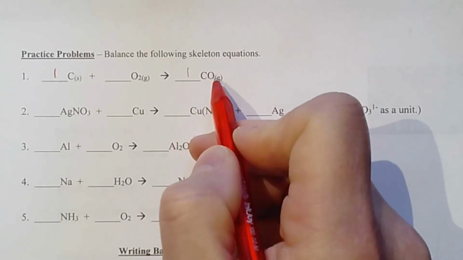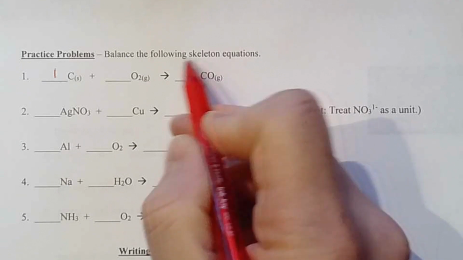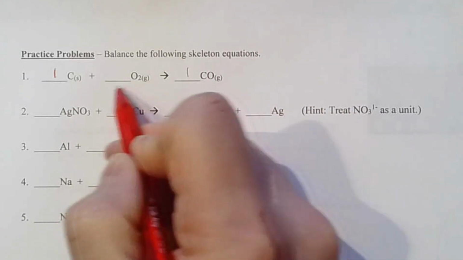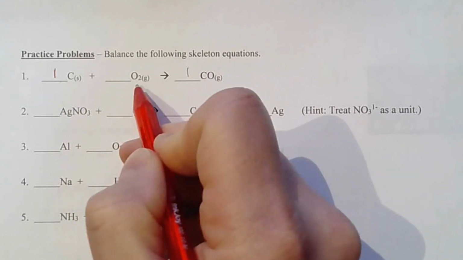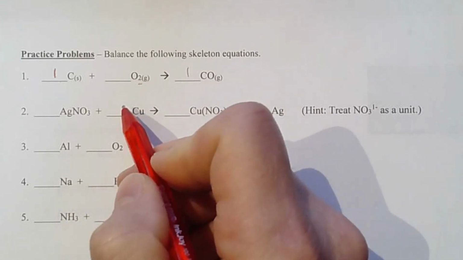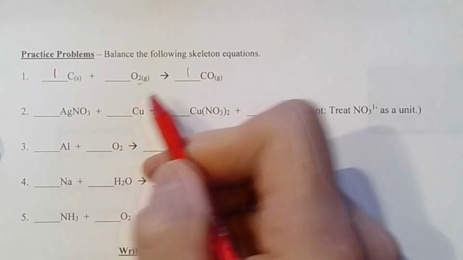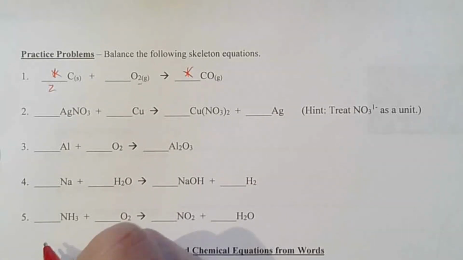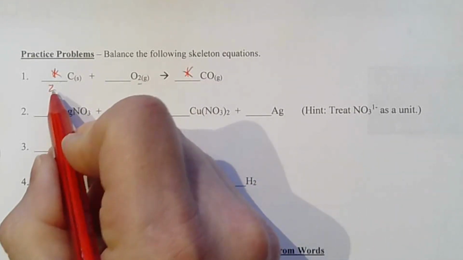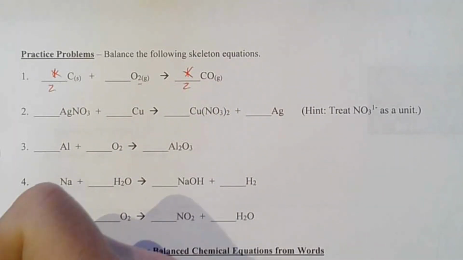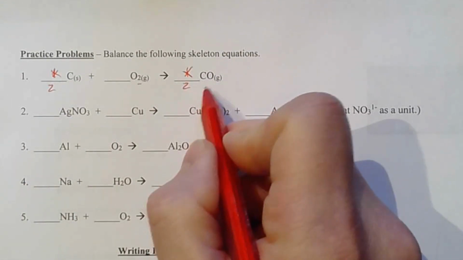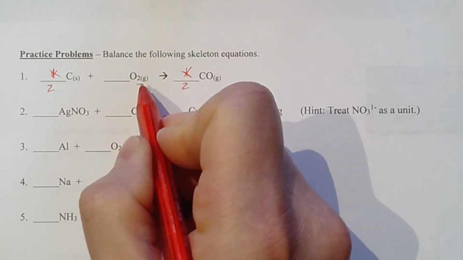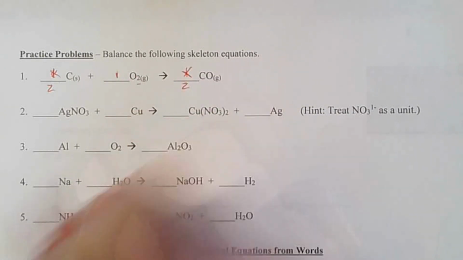Now I need to check the other. So this 1 CO means I've got 1 oxygen here. Okay, so I need to make sure I've got only 1 oxygen over here, and oh, wait a minute, the oxygens have to come in pairs. So I know that 1 is not going to work. So I'm going to bump that up to a 2. So 2 carbons over here makes this a 2. My carbons are balanced. Now I've got 2 oxygens on this side. I can now balance this because 2 oxygens means I've got 1 of these.